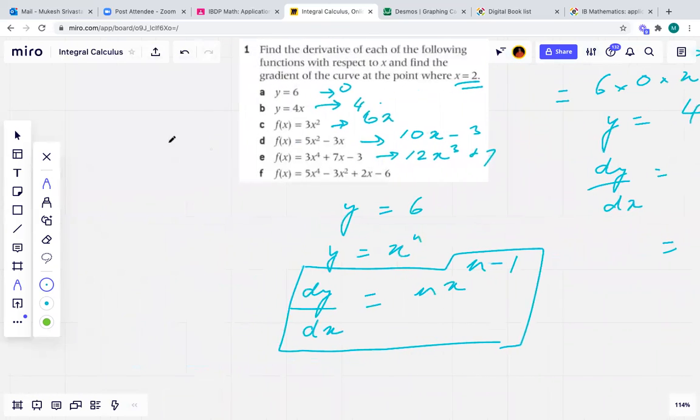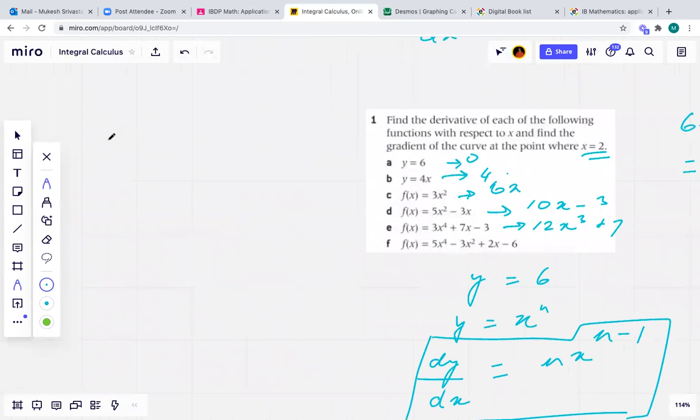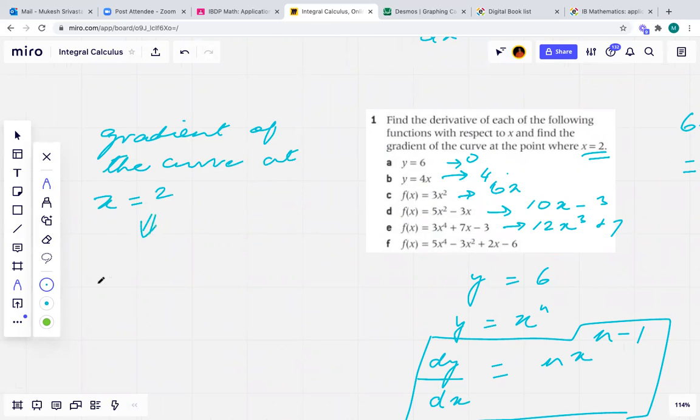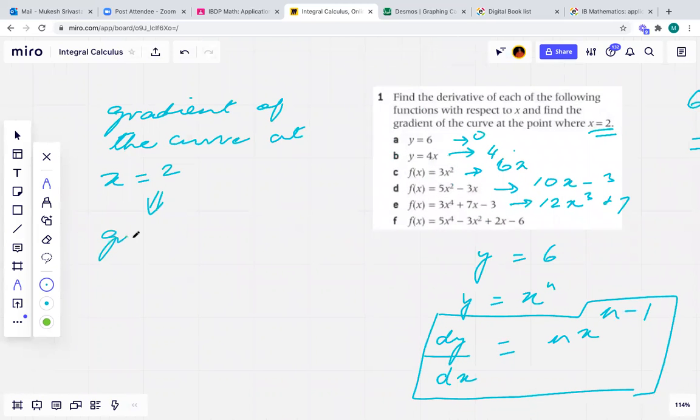Gradient of the curve at x equal to 2 means gradient of the tangent.